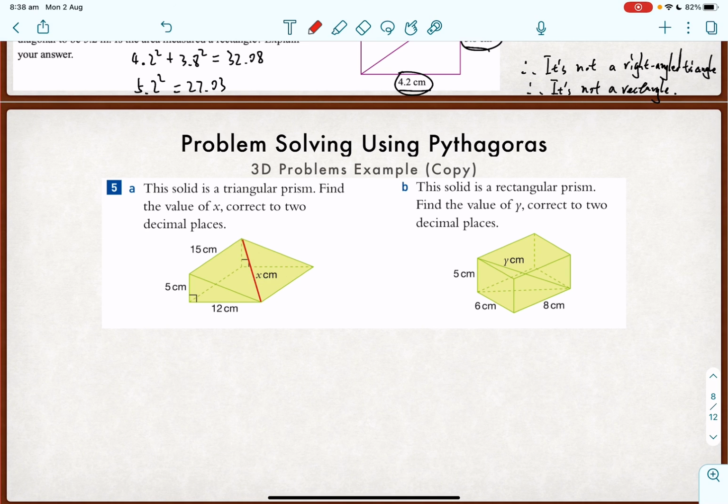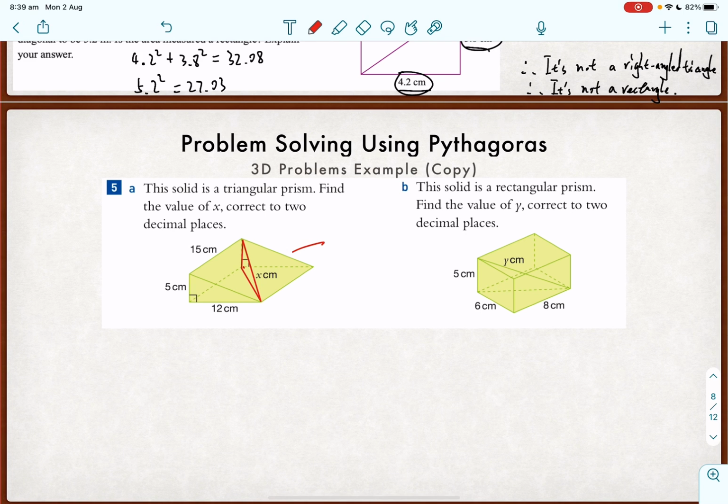To draw a right angle triangle, if you cut that shape, that prism, from the top, and then connect this and then this, that will be a right angle triangle.